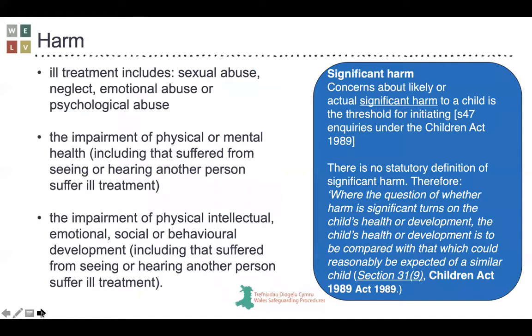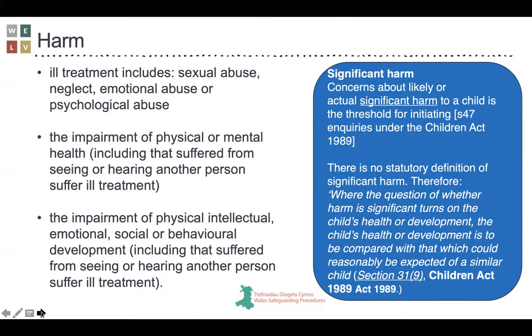Harm within these procedures is described as ill treatment of a child or young person, which could include sexual abuse, neglect, emotional abuse, psychological abuse. We will also see financial abuse and wider forms of abuse.